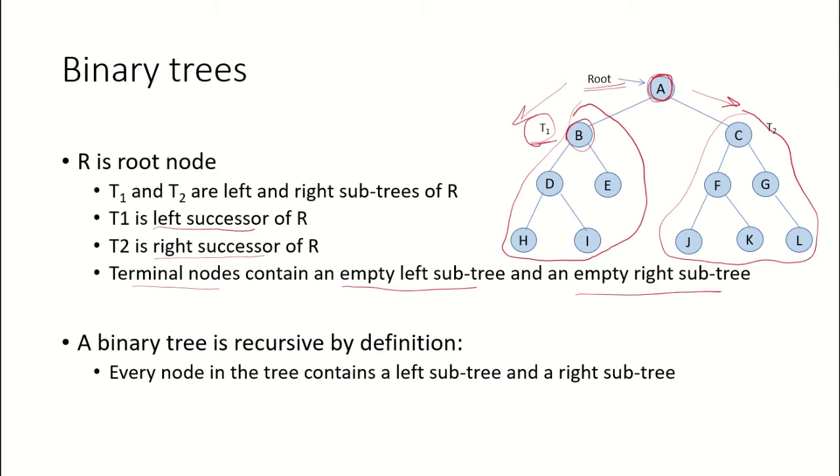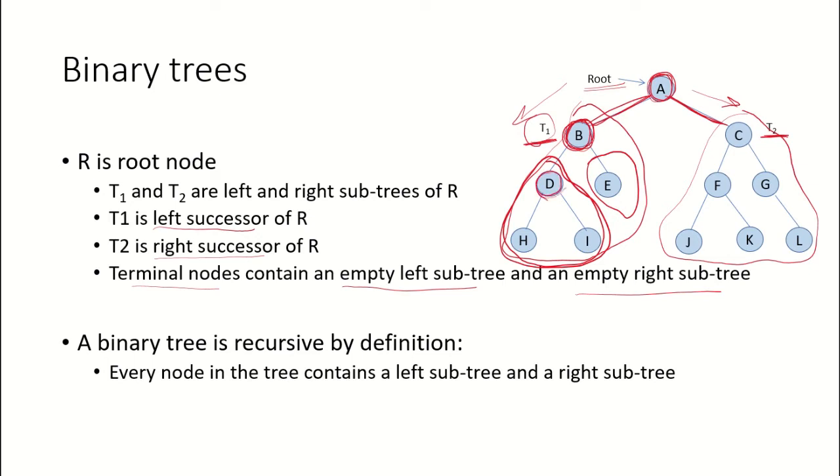So if you see recursively, A has one left subtree T1 and one right subtree T2. If we come to node B, then it has one left subtree which comprises node D and its descendants and a right subtree which comprises node E.